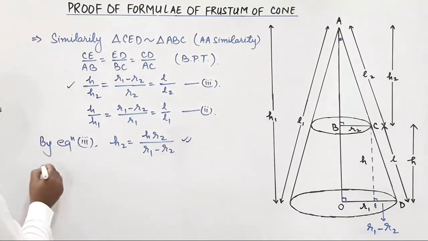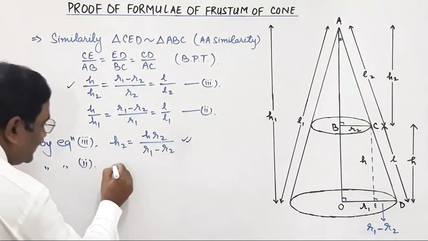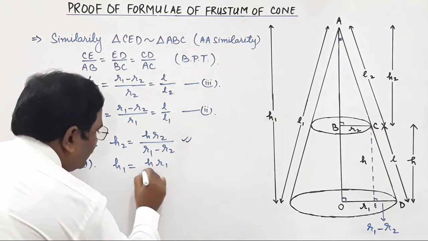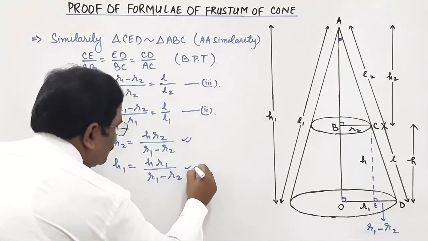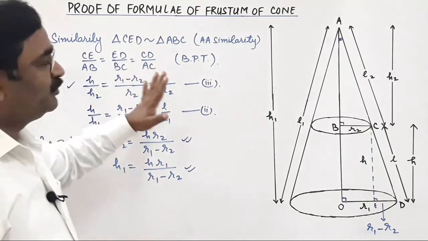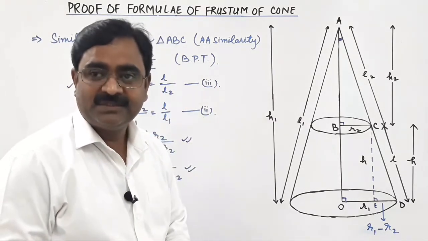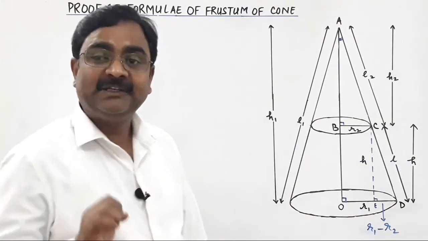And similarly by equation second we can say that H1 is equal to H R1 upon R1 minus R2. So where required, we have to apply these two formulas to prove the formulas of frustum of the cones. Understood friends?